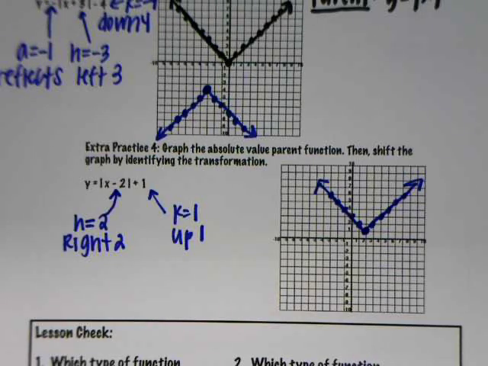Then you just wouldn't move left or right. So is it just up 5? I thought it was down 5. No, it was the negative. But there's a negative in front of it. Yeah, then you flip it.